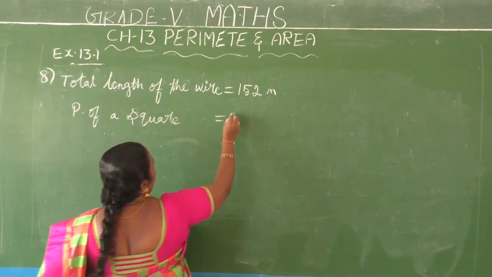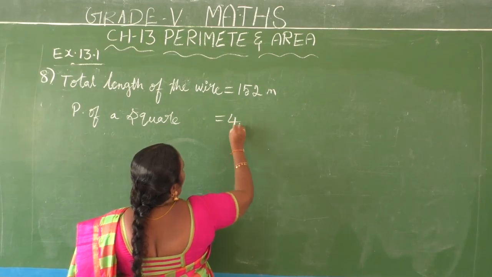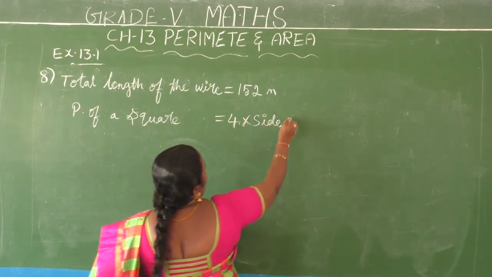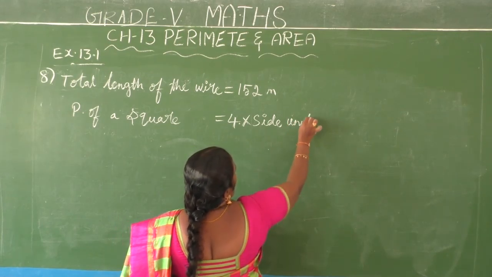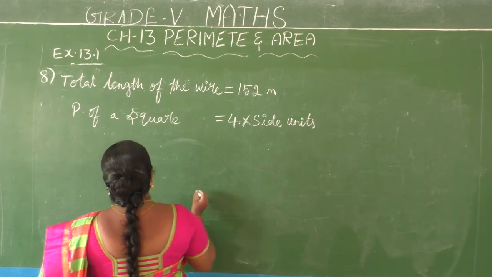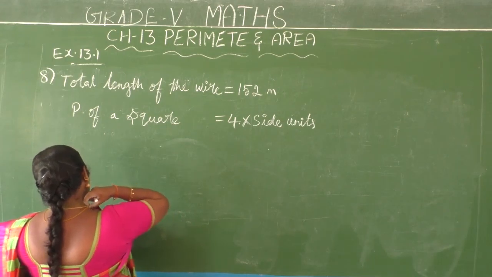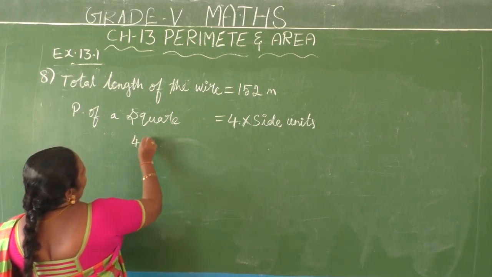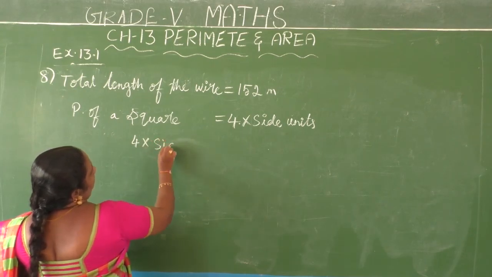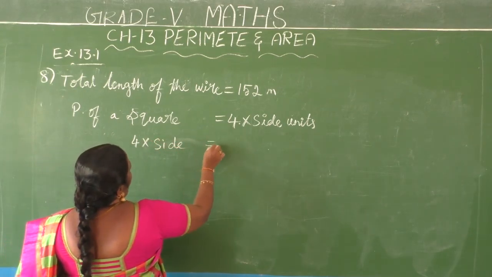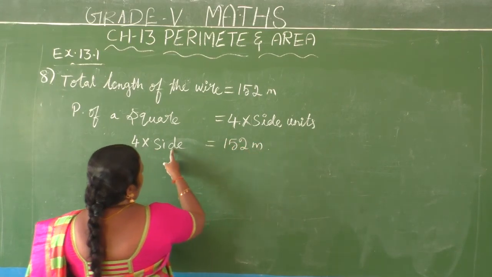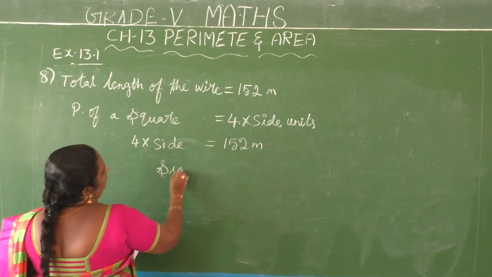Perimeter of a square is 4 into side units. Now we are going to find out the side. So side only we are going to find out now.